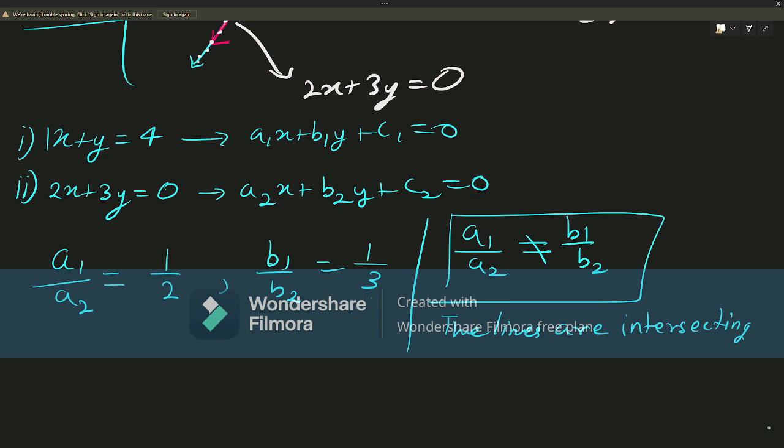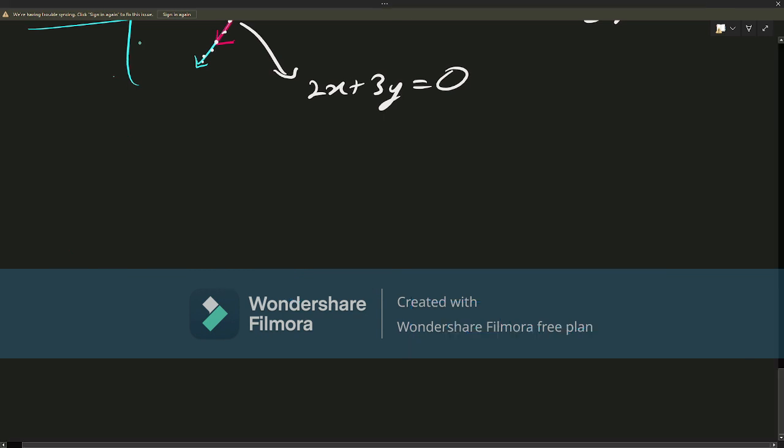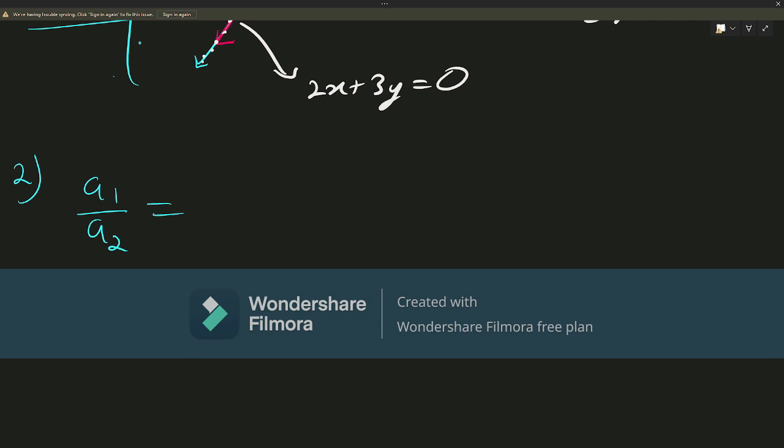Now let's talk about parallel lines. In the case of parallel lines, A1 upon A2 should be equal to B1 upon B2. But this doesn't stop there. You need to also write that B1 upon B2 should not be equal to C1 upon C2.